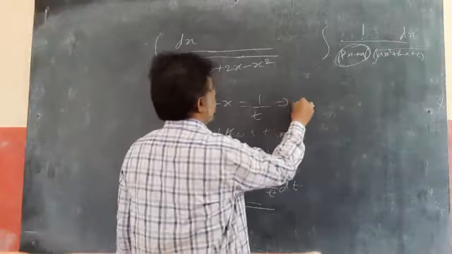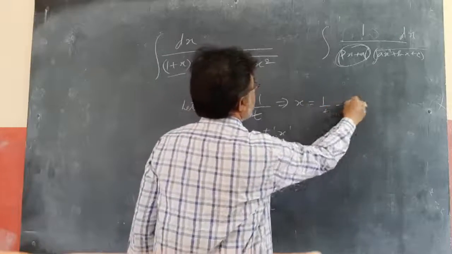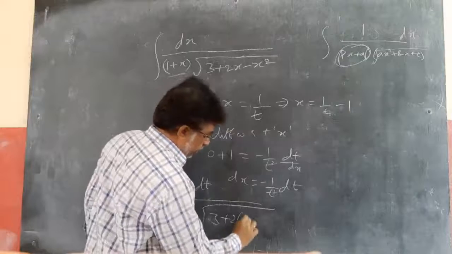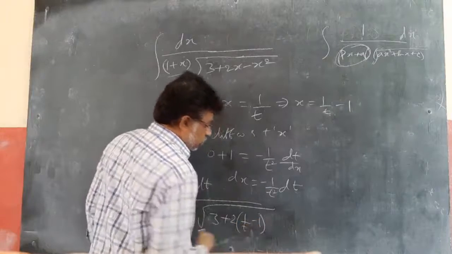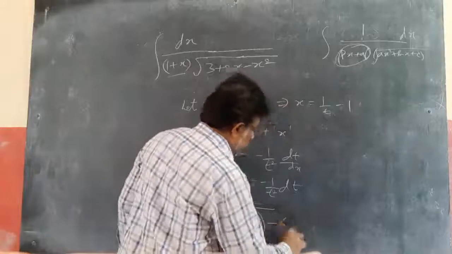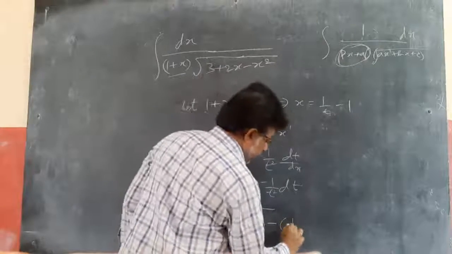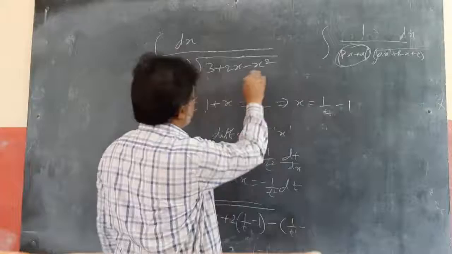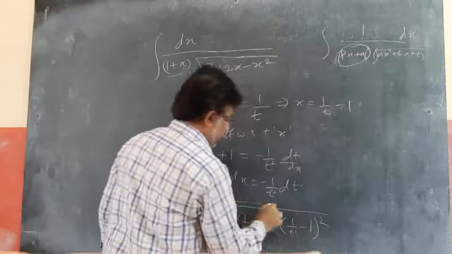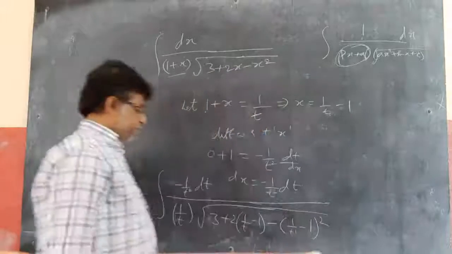From here x equal to 1 by t minus 1, so 2 into (1 by t minus 1) minus (1 by t minus 1) whole square.